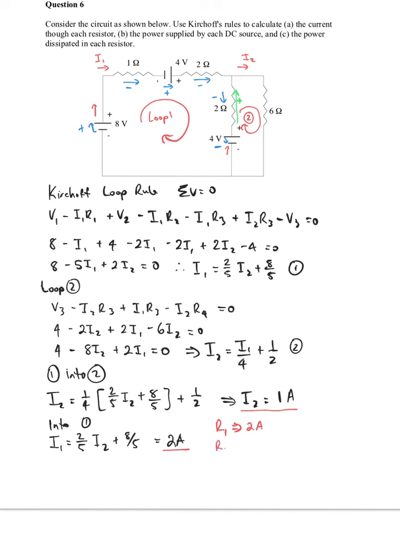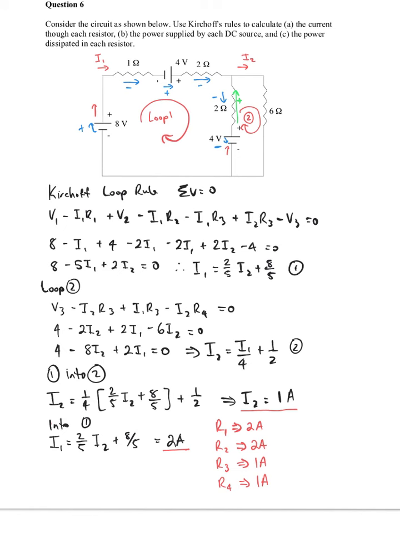The current through R2 is also going to be 2 amps. The current flowing through R3 is a bit tricky because it's got 2 amps flowing one direction and 1 amp flowing back the other direction. So that means we're going to end up with 1 amp total flowing back through R3. And R4 is just going to have 1 amp flowing through it. So that's the answer to question A.